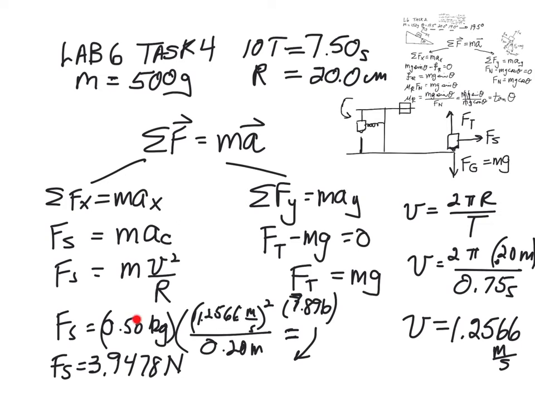I just multiply that by 0.5 kilograms, and then I get 3.9478, etc. newtons. That would be reported, with three significant figures, as 3.95 newtons. So there's the full-blown solution.